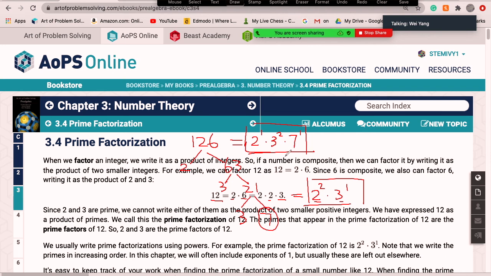Like, one, I ask you, how many factors does 126 have? Can you calculate how many factors 126 has? The question is how many factors 126 has?